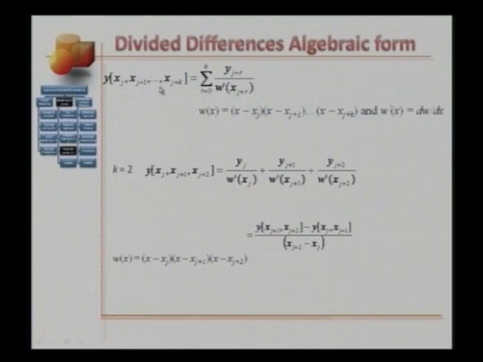Assume that this expression is true for, say, y equals xj plus 1 up till xj plus k. And using this result itself, try to compute the next divided difference, which is y of xj plus 1 up till xj plus k plus 1. And try to show that using this result itself, you are able to accurately compute the subsequent divided difference. This is mathematical induction for you.